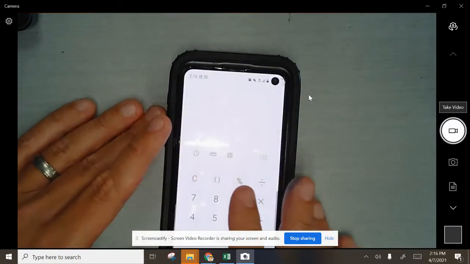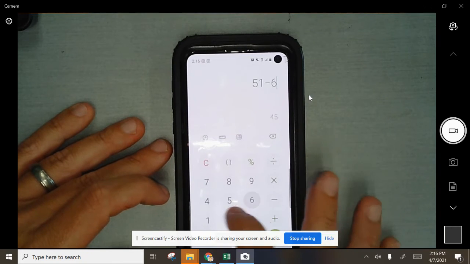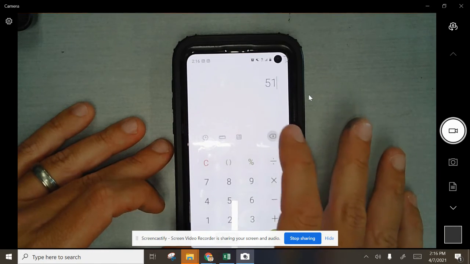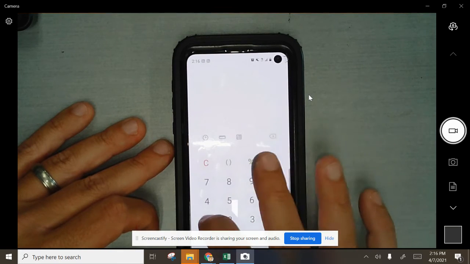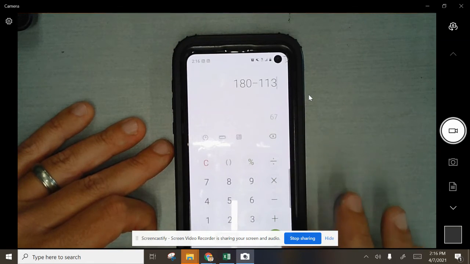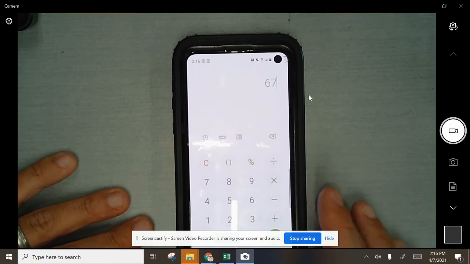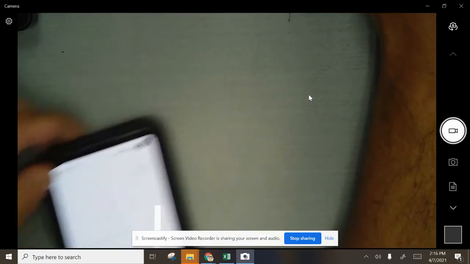This is how easy it can be. 51 plus 62 equals 113. 180 minus 113, 67 degrees. Okay? 67 degrees.